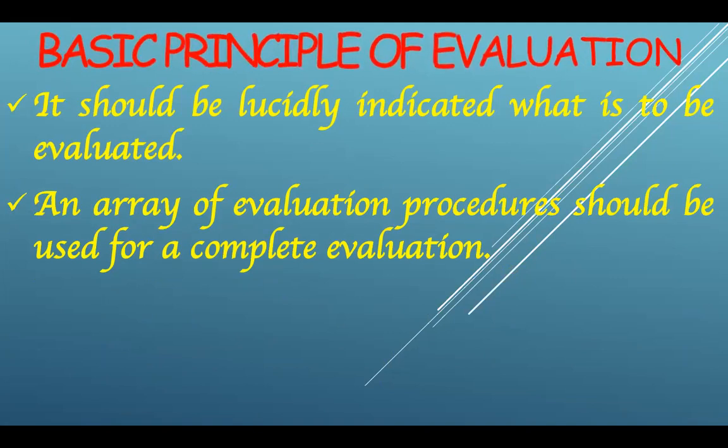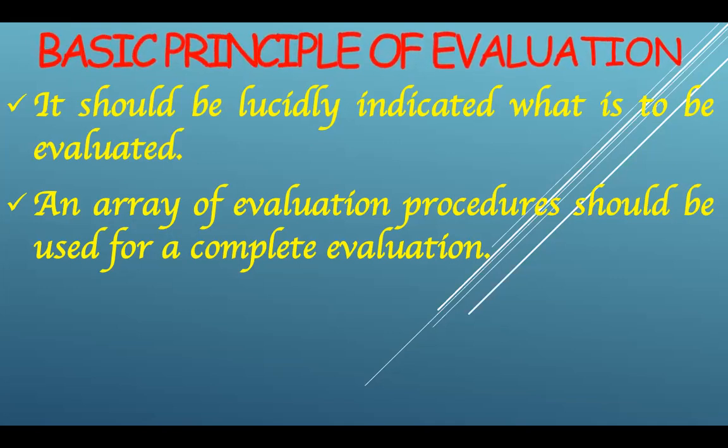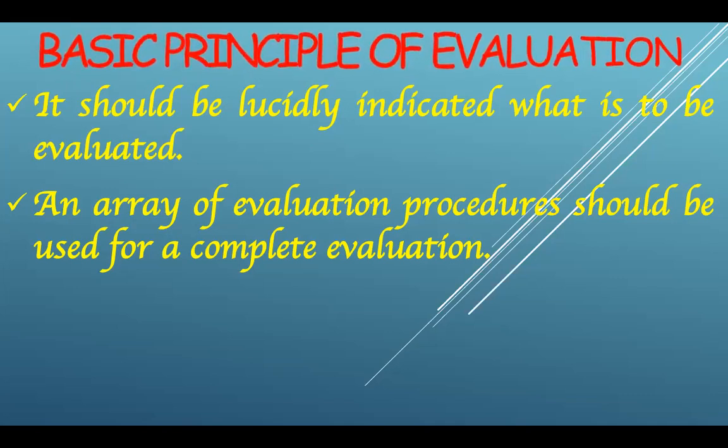To have a complete picture of a learner's achievement as well as progress, multiple techniques must be used. Like, the teacher can use objective tests, essay tests, attitude scales, and so many other techniques are available which the teacher can use to evaluate the learners.